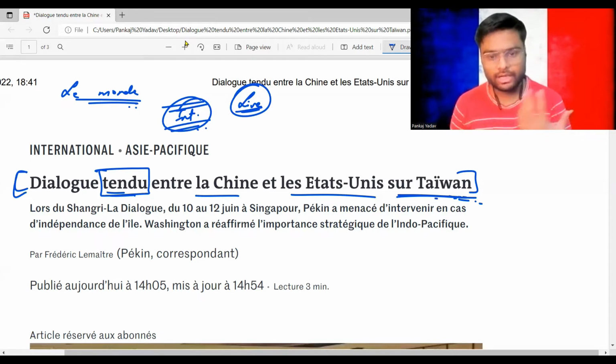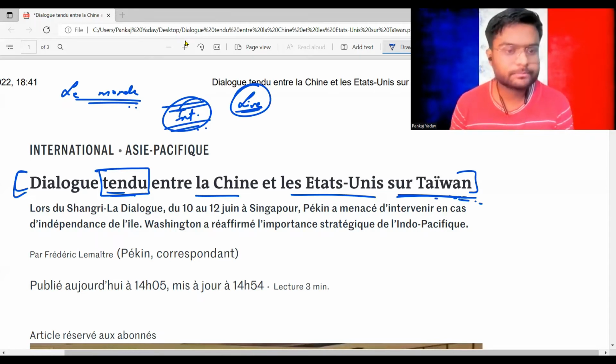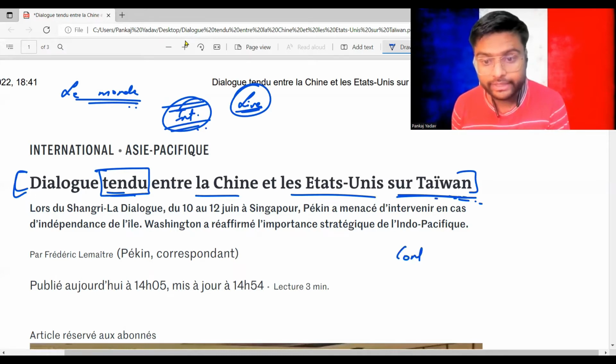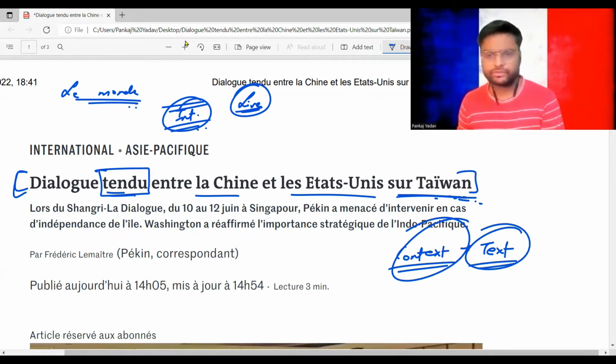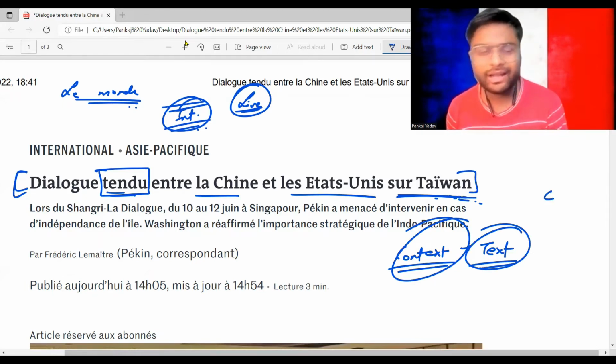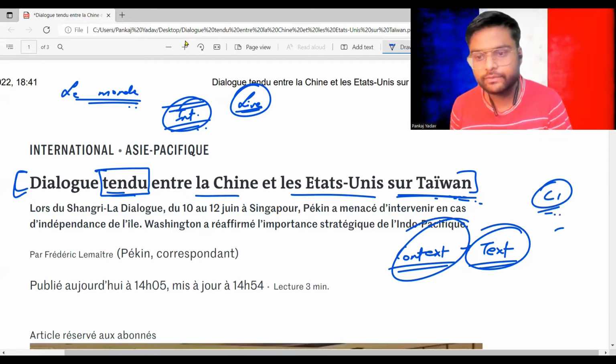Now here what I'll personally do is take into consideration the whole context of the text. At Alliance also they teach this in C1 level, but I try my best to teach this to my students in B2 level itself.